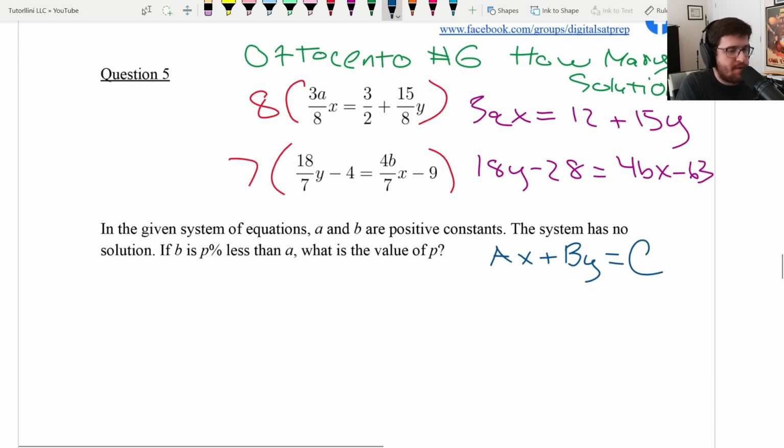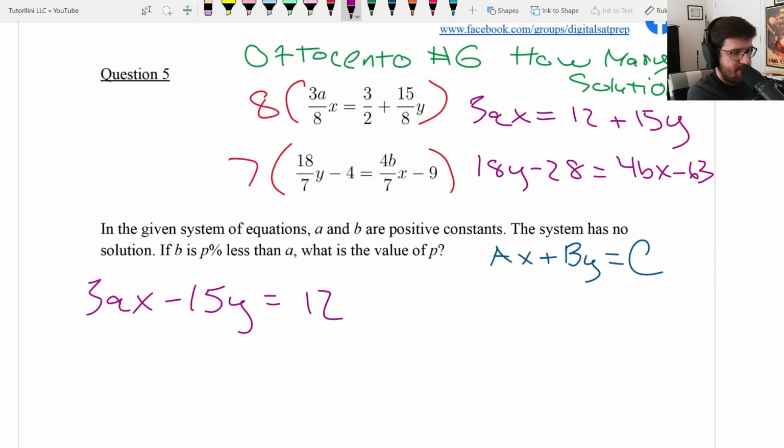Well, looking at the first one, the only guy that I don't like where he is is the 15y. So I'm going to take him and subtract him over to the other side. So I get 3ax minus 15y equals 12. And this bottom one is twofold.